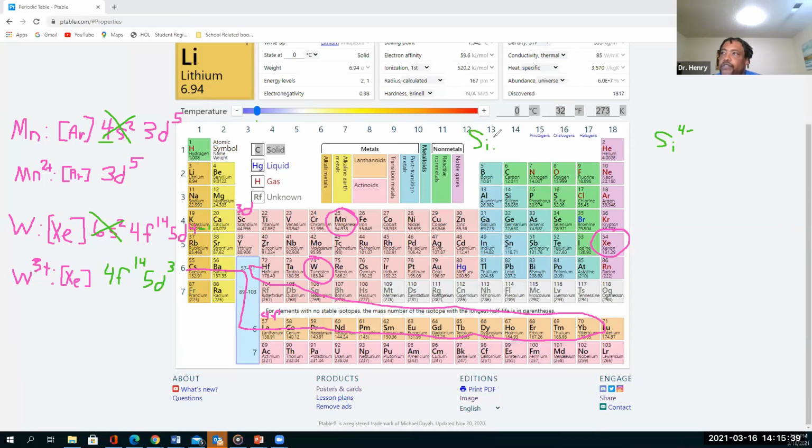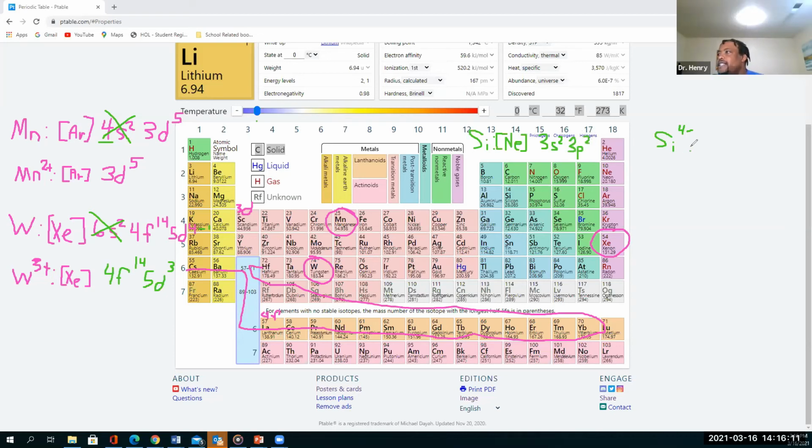So what is the electron configuration for Si? Ne, 3s2, then 3p2. That's right, 3p2.